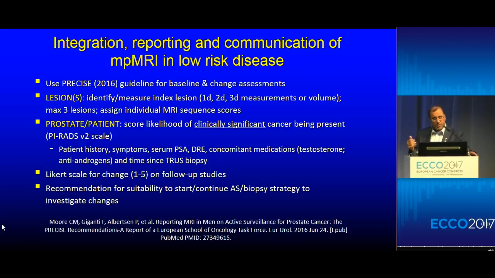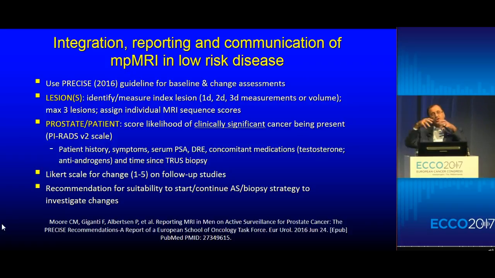The PRECISE group has just published this paper in 2016 where it recommends doing MRI in patients with low-risk disease to, one, identify those high-risk patients who are misclassified, but also recommends the use of MRI to promote the monitoring of these patients to see what changes.